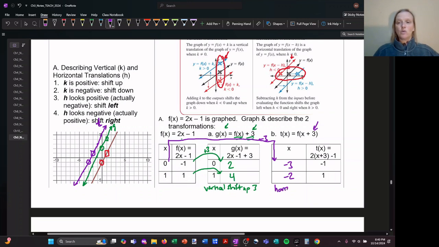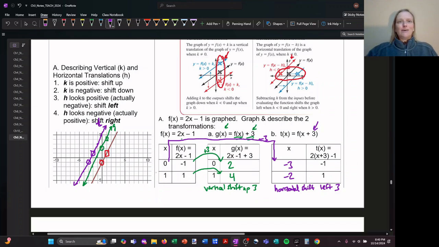So horizontal shift left 3. And so these are examples of translations, which are one type of transformation. Translation is the fancy word for shift. And your shifts can be up and down if there's addition or subtraction outside parentheses, and it can be left or right if you've got addition or subtraction inside the parentheses.